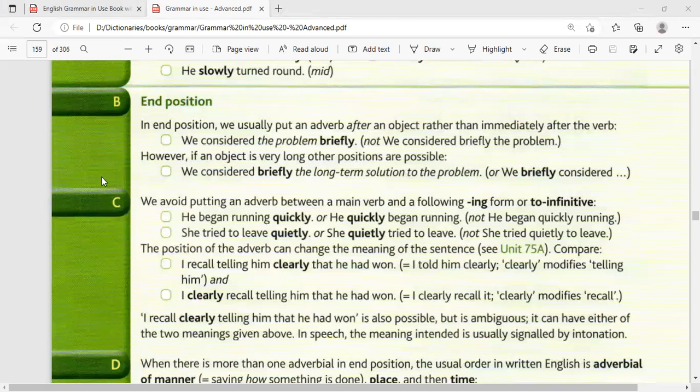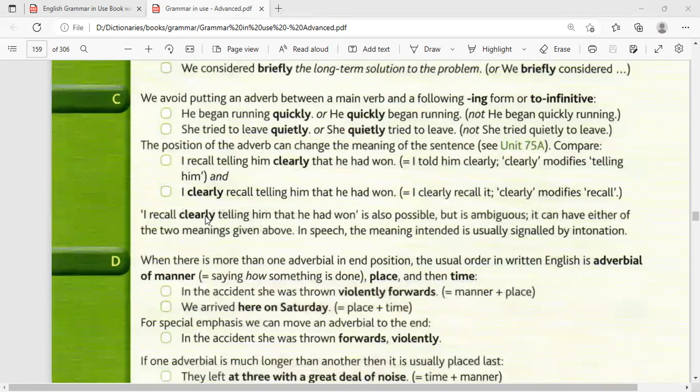Look at this notice here. We avoid putting an adverb between the main verb and the following ing form or to plus infinitive. Look at this sentence here and you will understand. When I say he began running quickly.